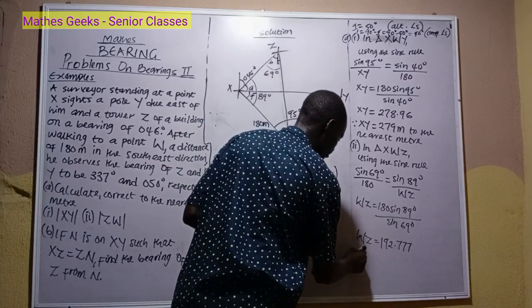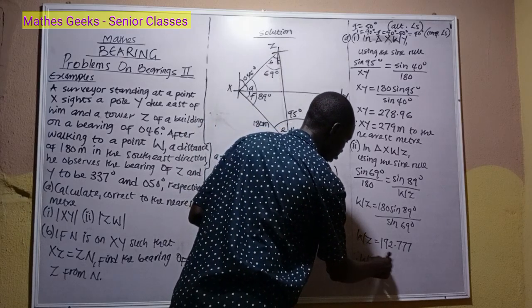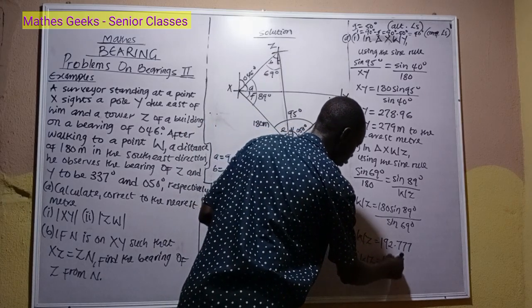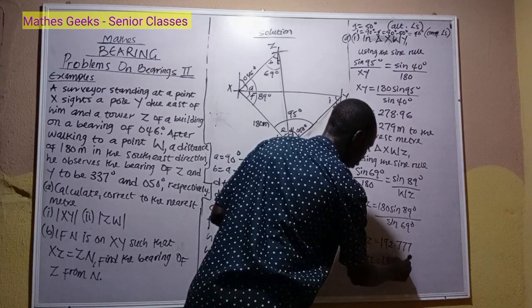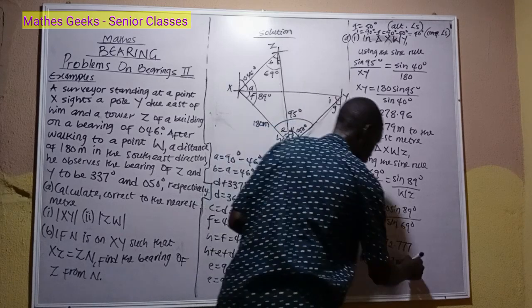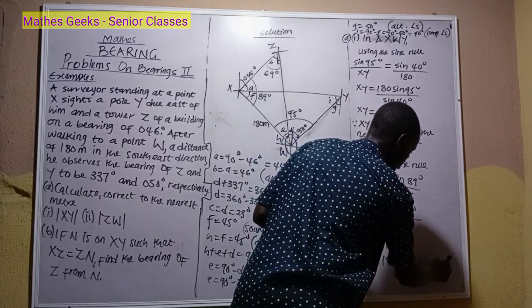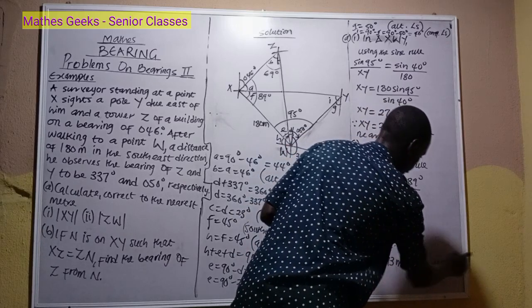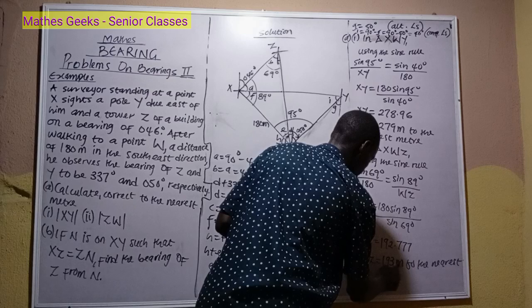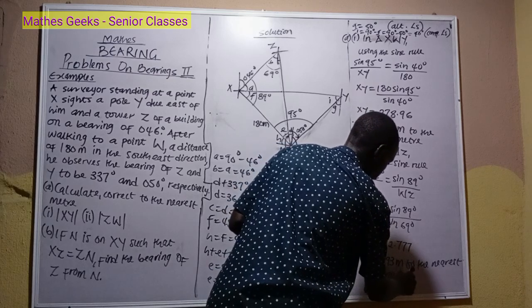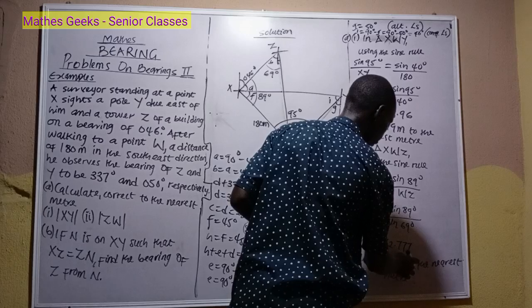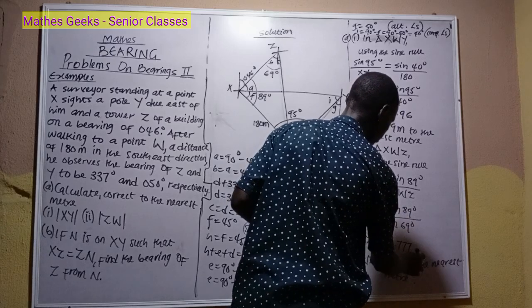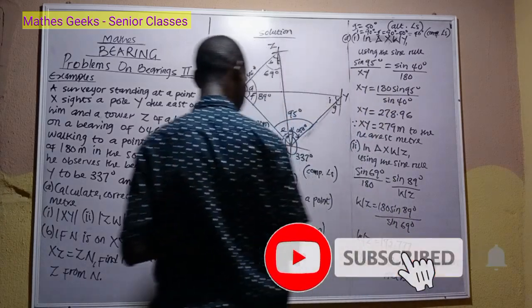So therefore WZ is equal to 193 meters to the nearest meter.